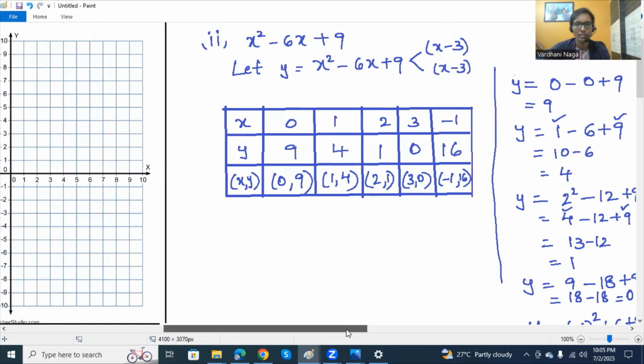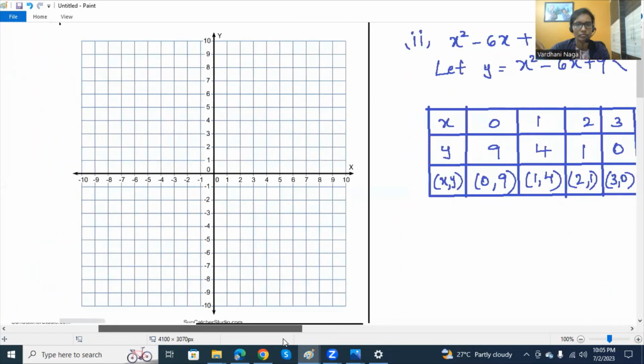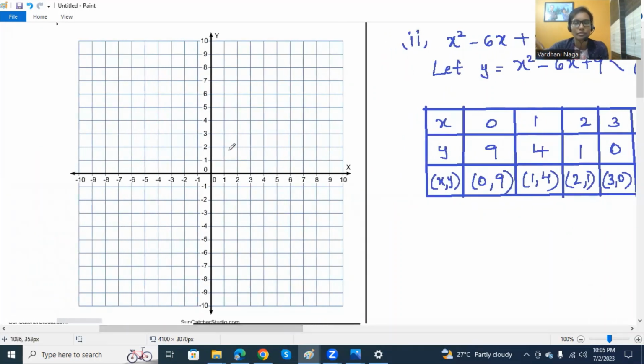So let's plot on the graph then. First pair 0 comma 9: 0 on the x-axis, 9 on the y-axis. Next 1 comma 4: 1 on the x-axis, 4 on the y-axis. 2 comma 1: 2 on the x-axis, 1 on the y-axis. 3 comma 0: 3 on the x-axis, 0 on the y-axis.